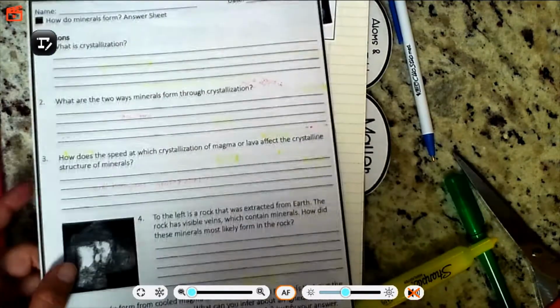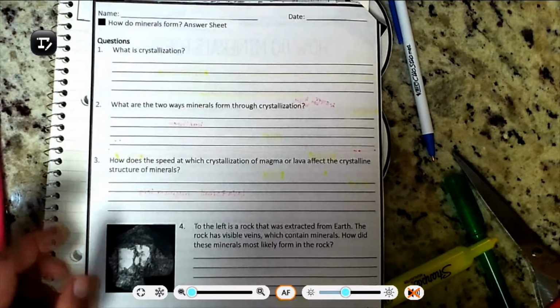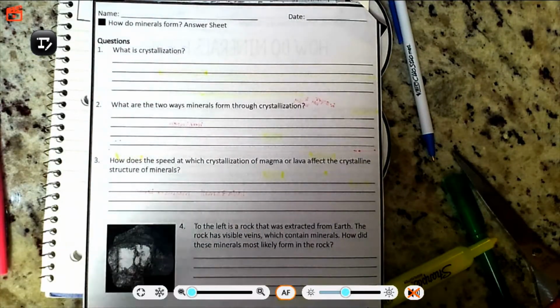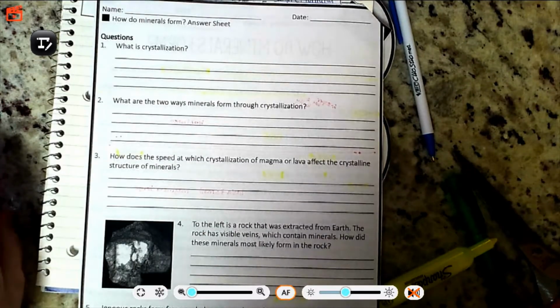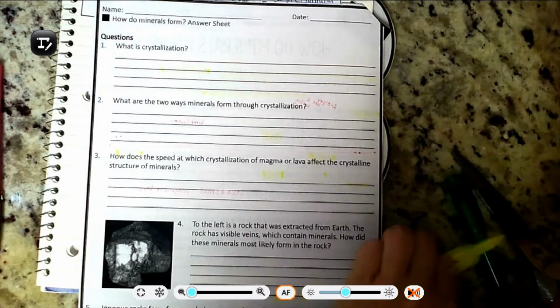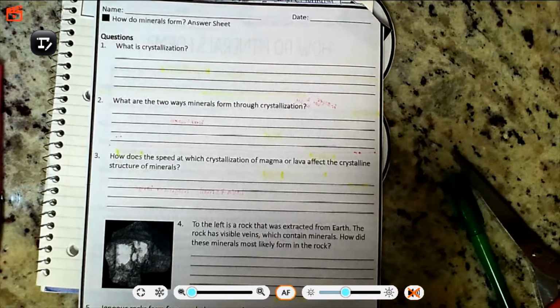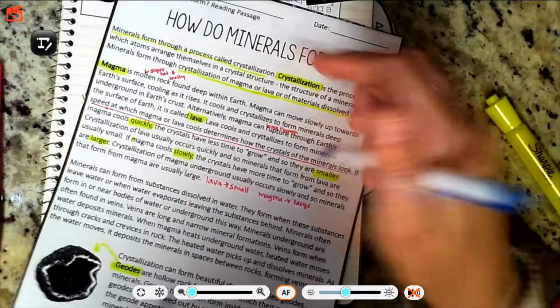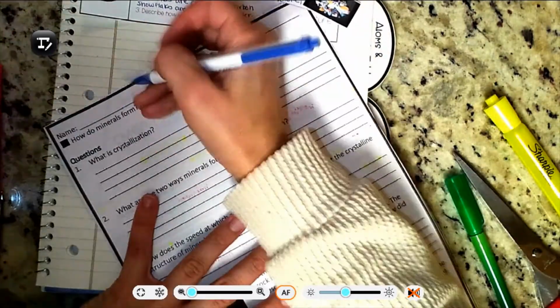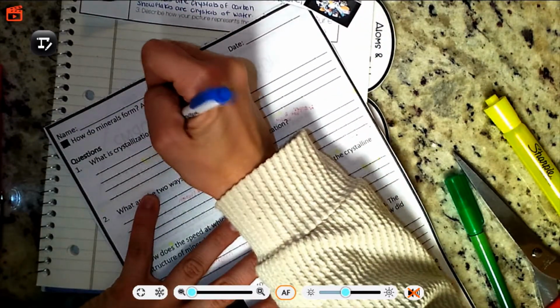Okay. So I'm going to go through these questions really quickly, and we're going to talk about which paragraph they're in. So, what is crystallization? That answer comes from paragraph 1, 2, 3, 4. It comes from paragraph 1.